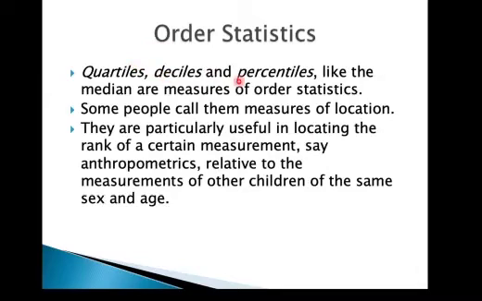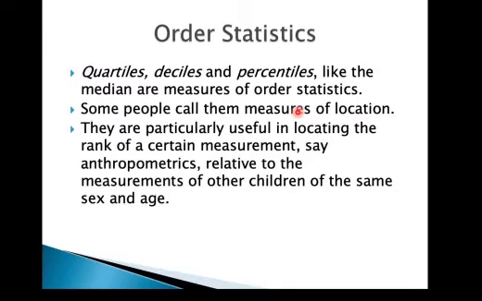Quartiles, deciles, and percentiles, like the median, are measures of order statistics. It is called order statistics because these values, the median, quartiles, deciles, and percentiles, tell us their order or rank.